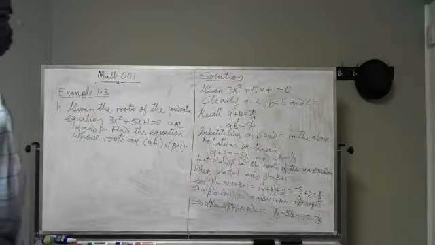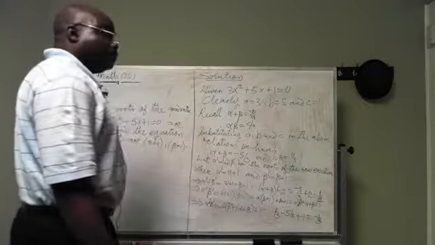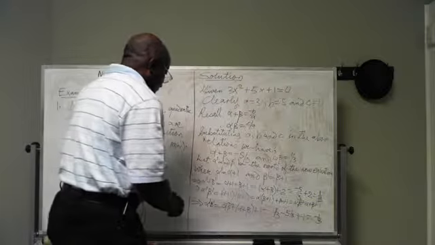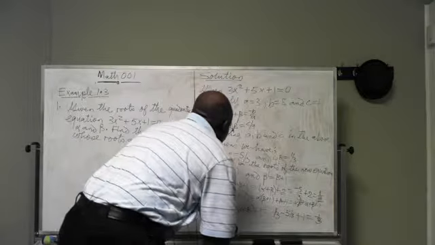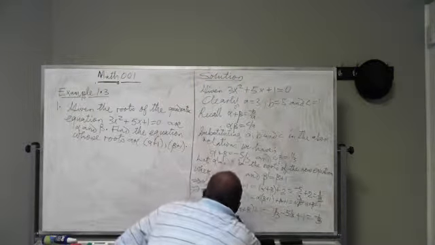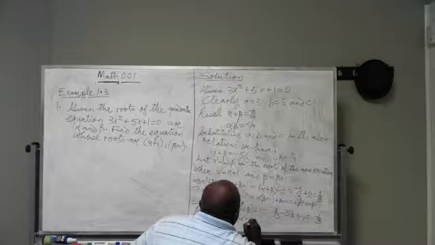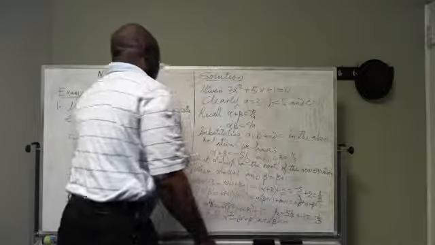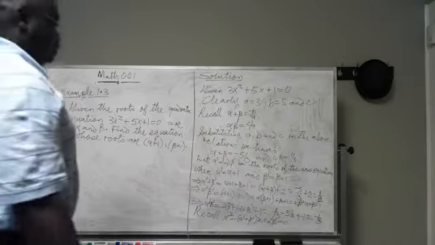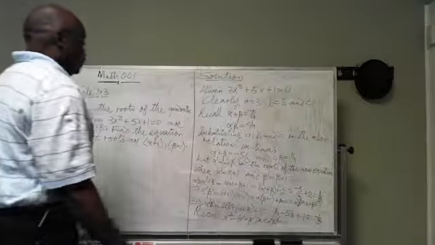Now, if we recall, the equation is x squared minus alpha prime plus beta prime into x plus alpha prime beta prime equals 0.